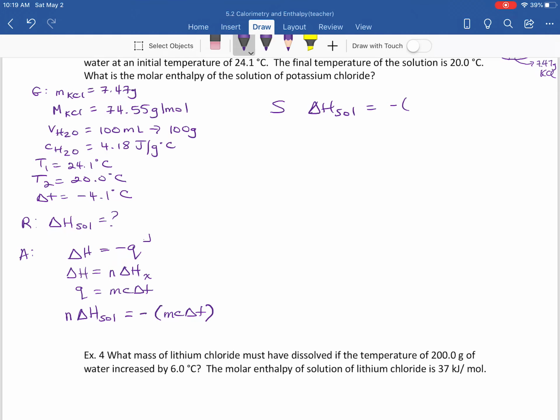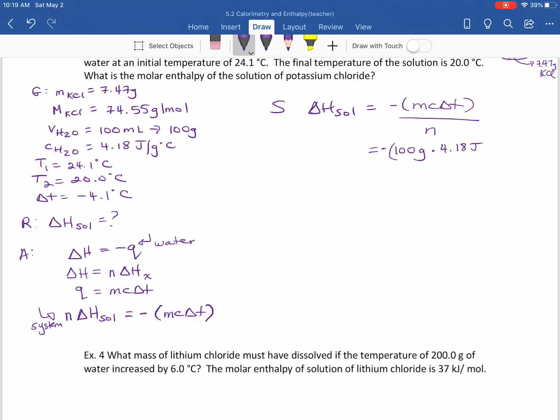And this is the one thing you need to remember: when we're talking about Q, this is about the water, and when we're talking about this side, this is the system. So when I talk about the mc delta T divided by n, because that's what I manipulated, this is for the water. My mass of the water is 100 grams.